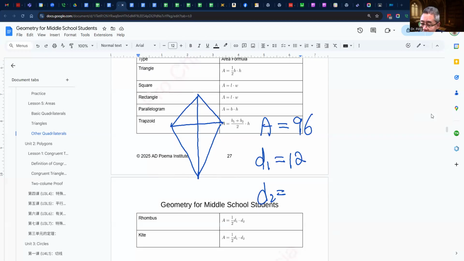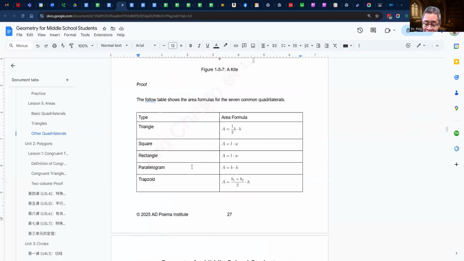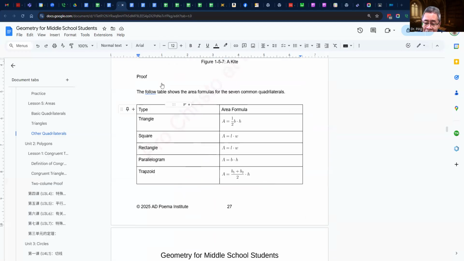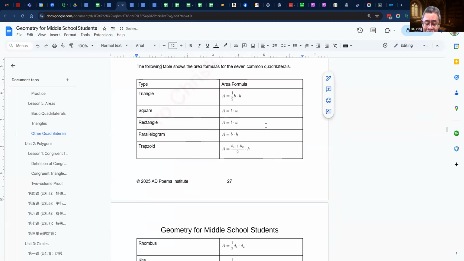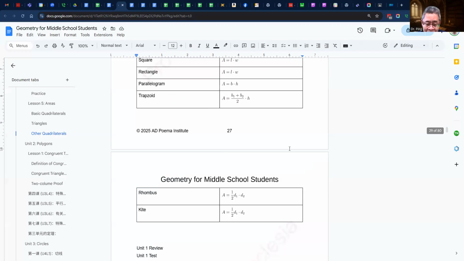You did very well. We actually went through this pretty quick, but those are the things we need to learn in terms of area. In the future, we're going to learn the area of a circle and part of a circle called a sector.